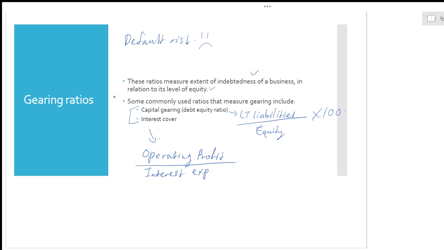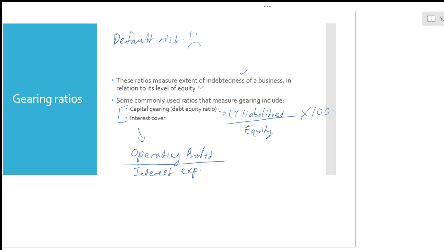So for you to assess this, using industry averages plays a very important role, or use of comparative numbers from a listed company which is similar to the company in question. These help to ascertain whether there's a chance of high gearing in the company.